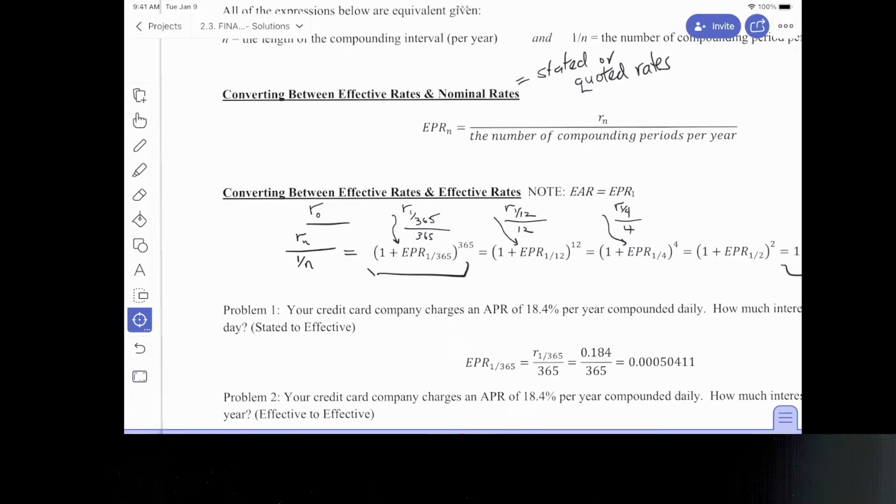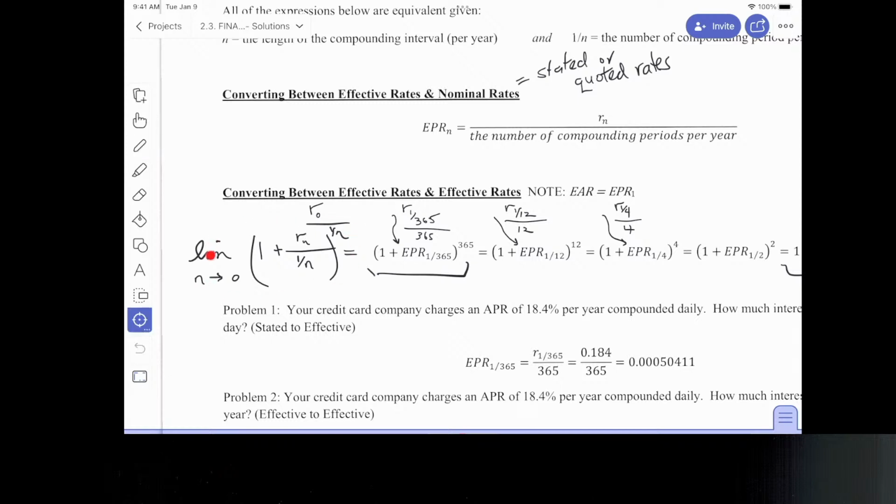And then what I want to do, that would be the equivalent effective rate. Then I'm going to add 1. I'm going to put it to the power of 1 over n, because that's what I did here. I put it to the power of the inverse of this fraction of a year. And I am going to send n to 0.